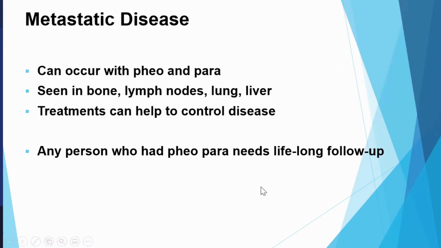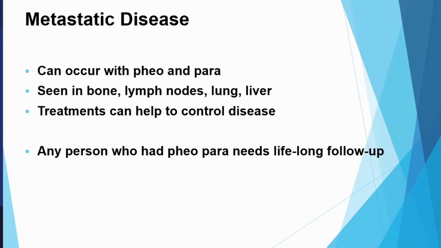Let's just spend a minute talking about metastatic disease because I got some questions about that. It can occur with Pheo Para. It's not common, but it absolutely can occur somewhere between 10 and 25% of the time. When there is metastatic disease, what we mean is that the cancer now has spread to other parts of the body. The most common areas are bone, lymph nodes, lung, or liver.